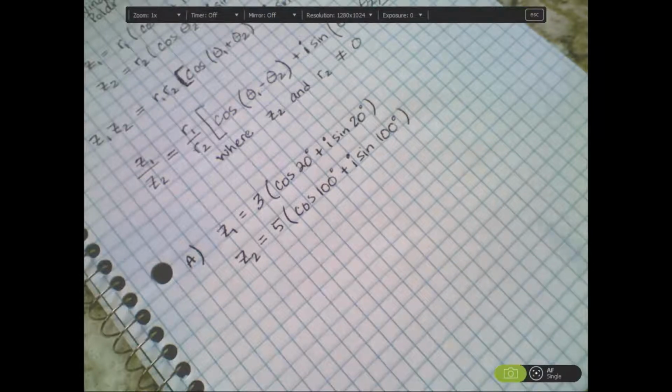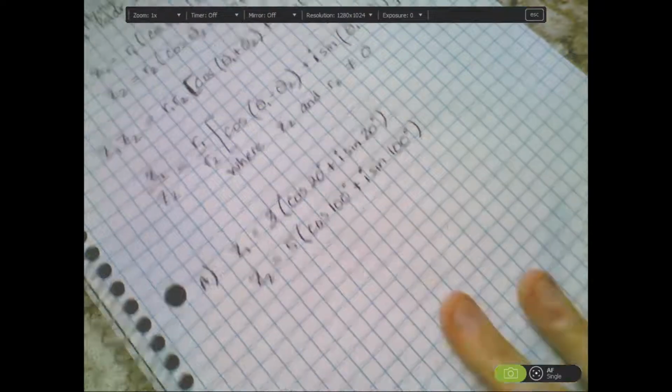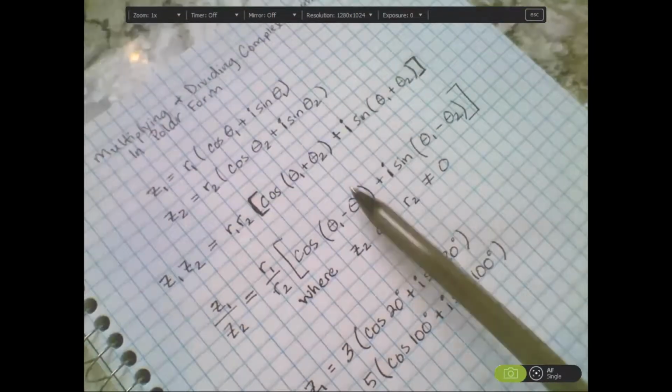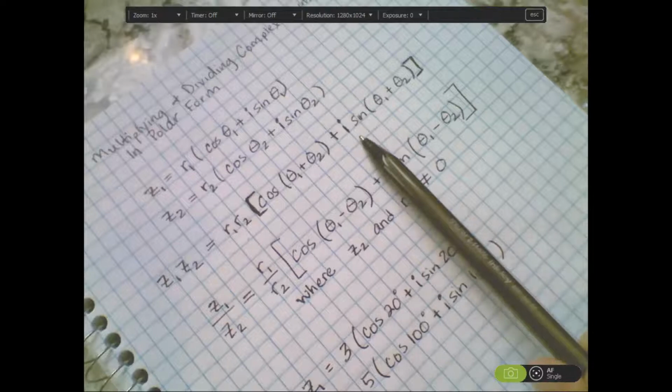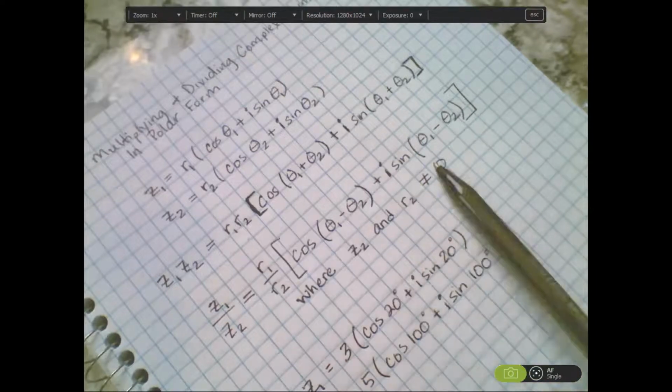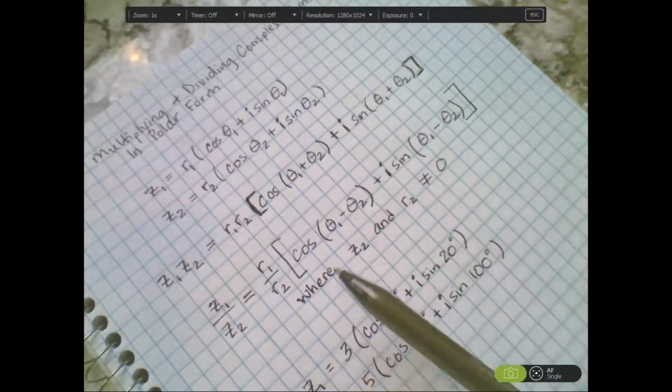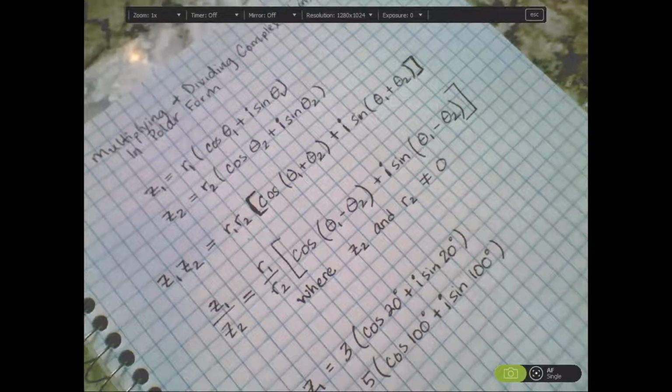Oh, another thing that I forgot to say a second ago is if anybody's wondering why the heck is this the formula for multiplying and why the heck is this the formula for division, I do have some proofs of those. They're pretty short proofs. If anybody wants to see those, I'm happy to take a picture and email them to you.